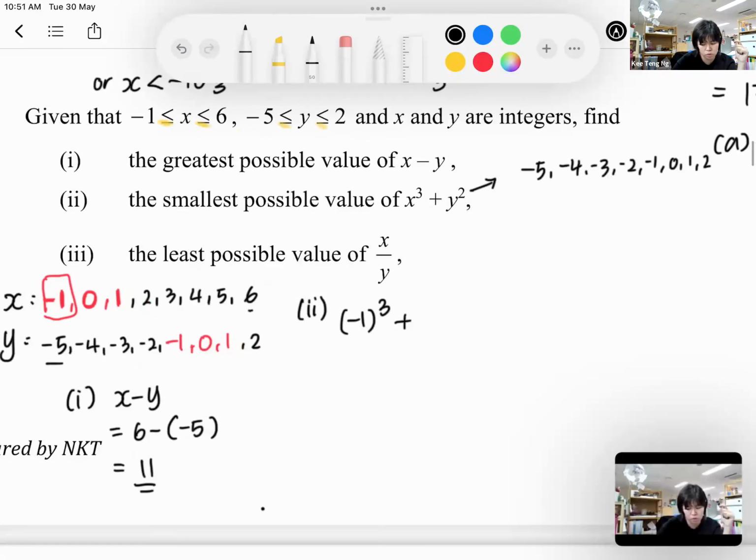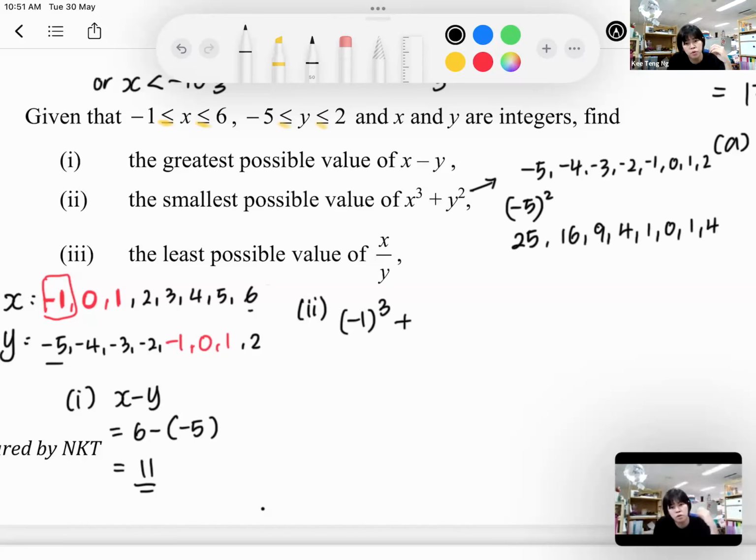0, 1, 2, when I square them, okay, no problem. When I square them, this one from -5 is (-5) squared, okay? It becomes +25, +16, +9, 4, 1, 0, 1, 4.